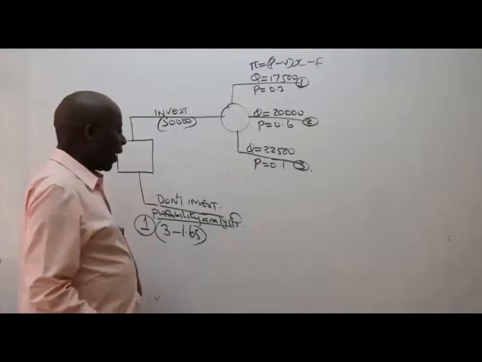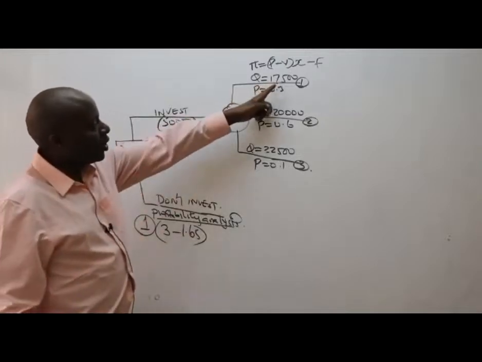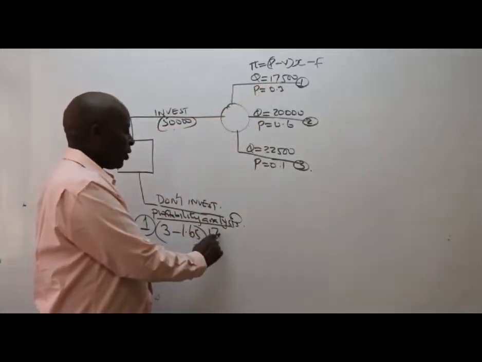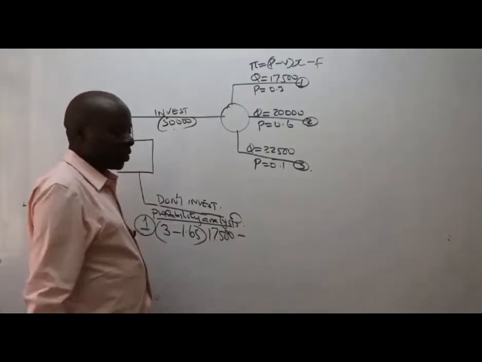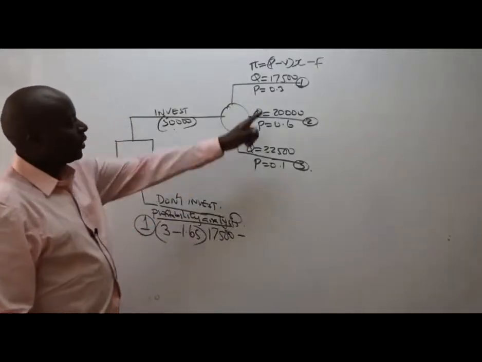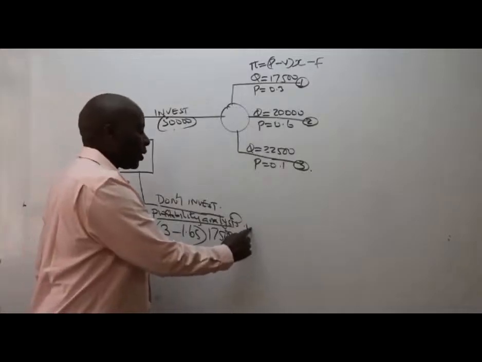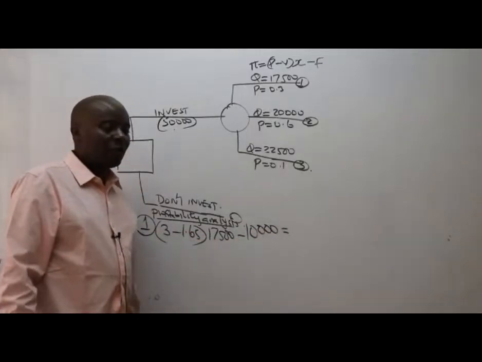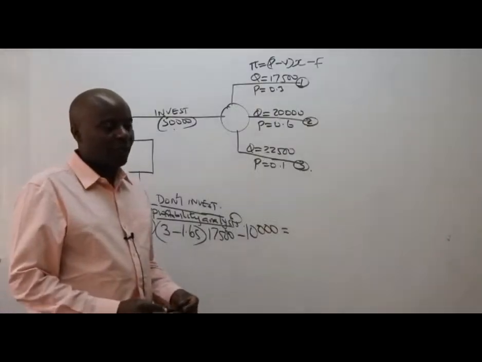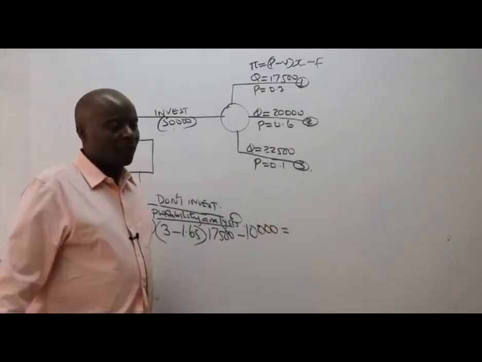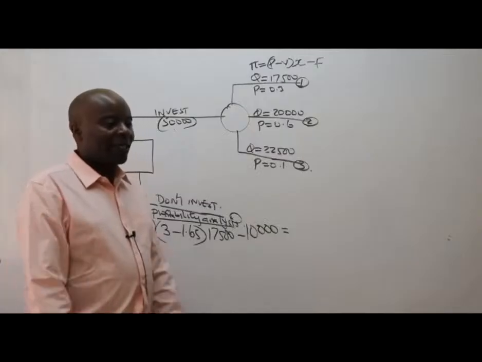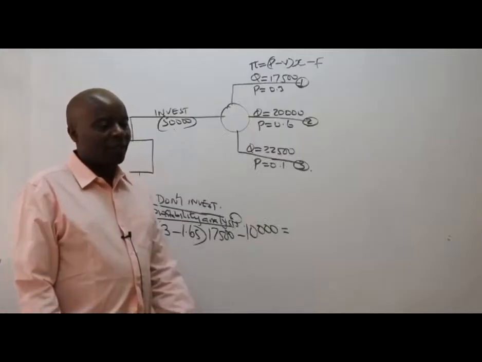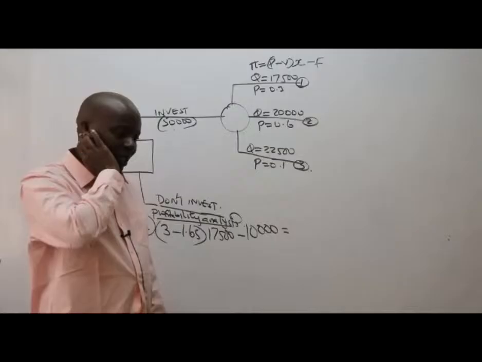So for branch number 1, we are going to sell how many units here? 17,500, minus our fixed cost, which is 10,000.